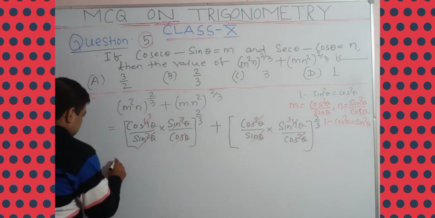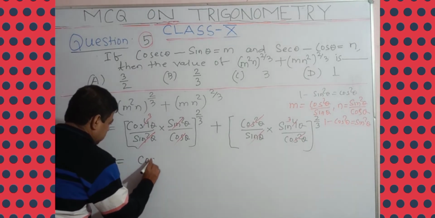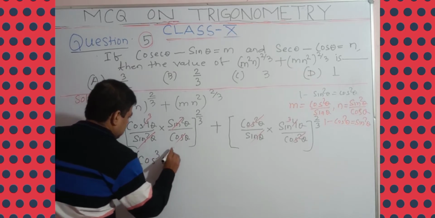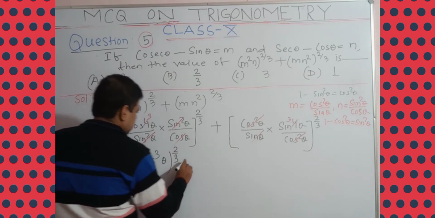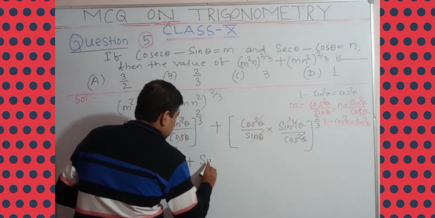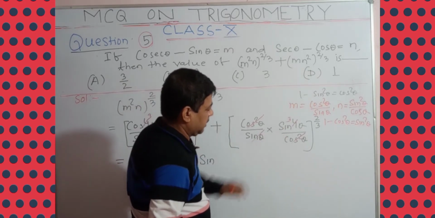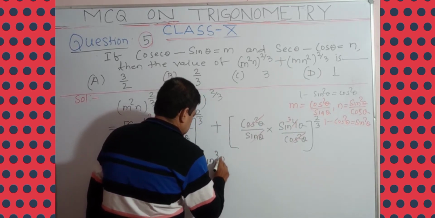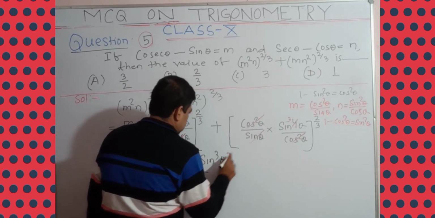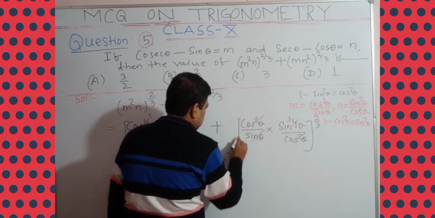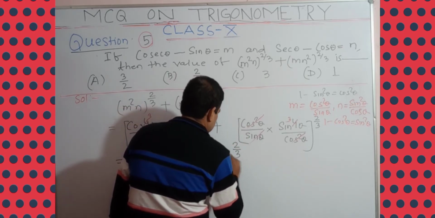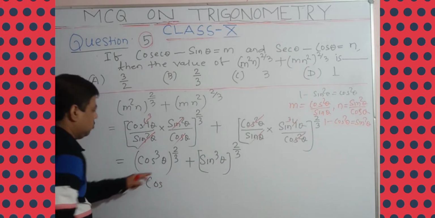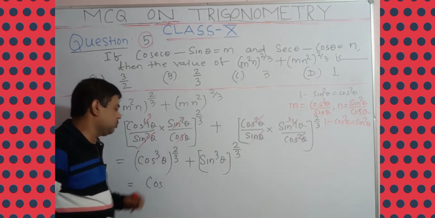So here you see now (cos cube theta) whole to the power 2 upon 3 plus (sin cube theta) whole to the power 2 upon 3. Understand?